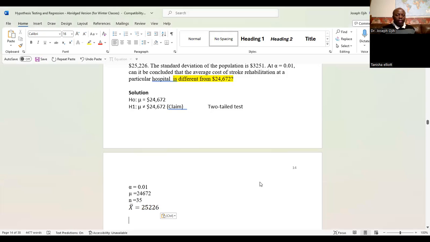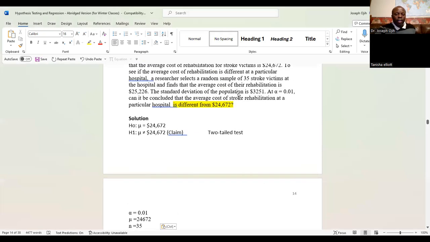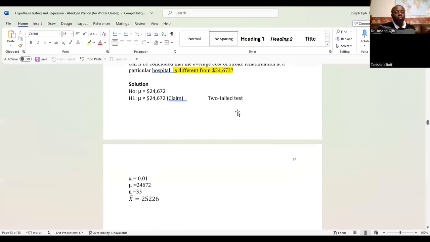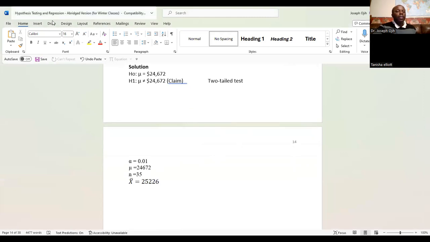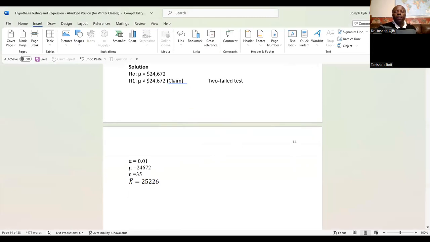So we have everything. Then the standard deviation is what it needs. The standard deviation is 3,251. The standard deviation symbol is right here. 3, 2, 5, 1.